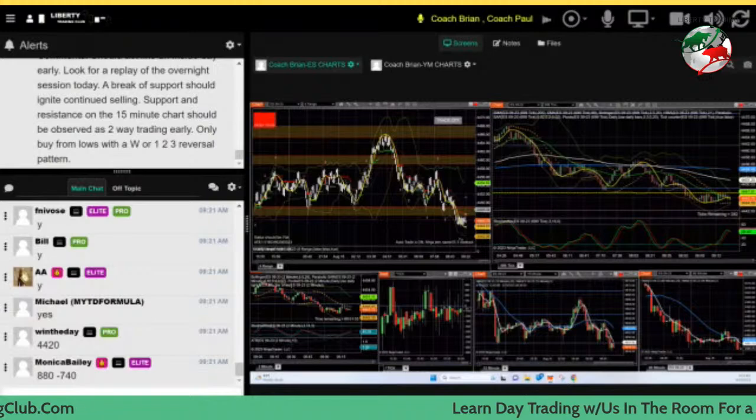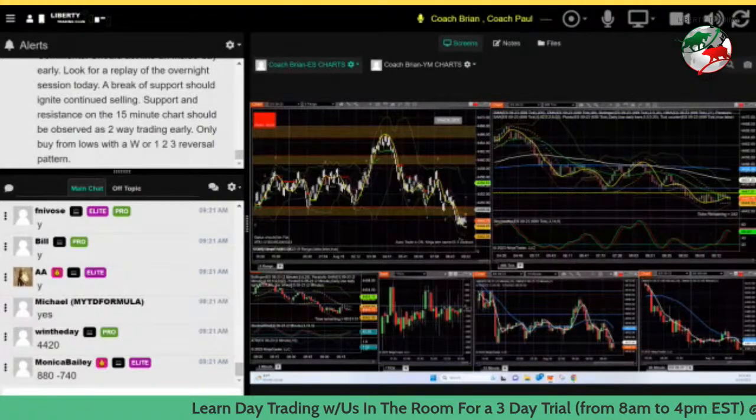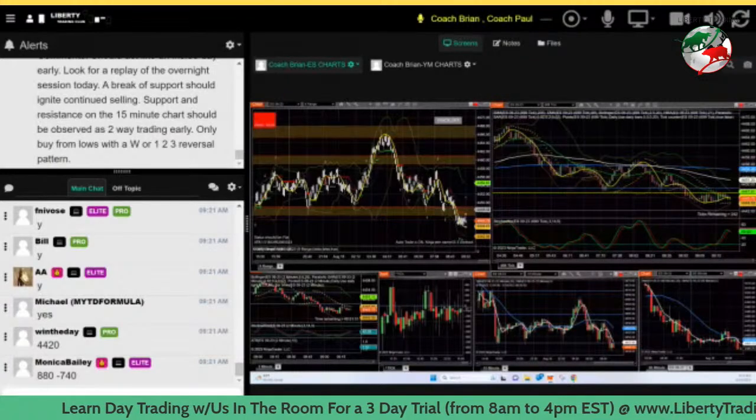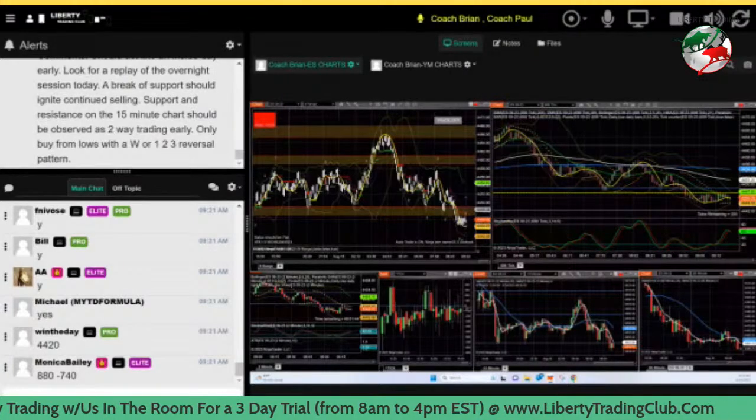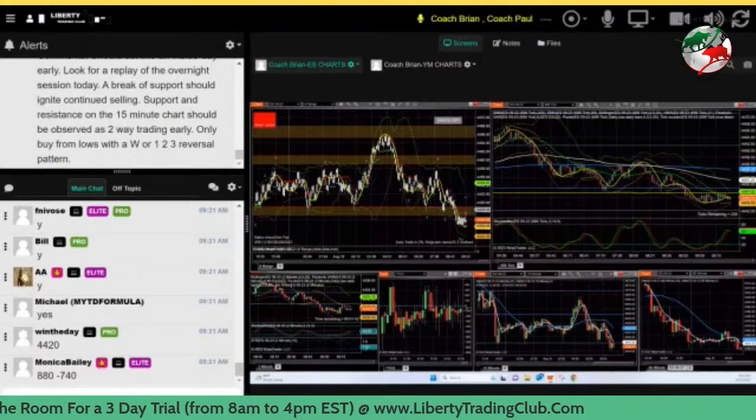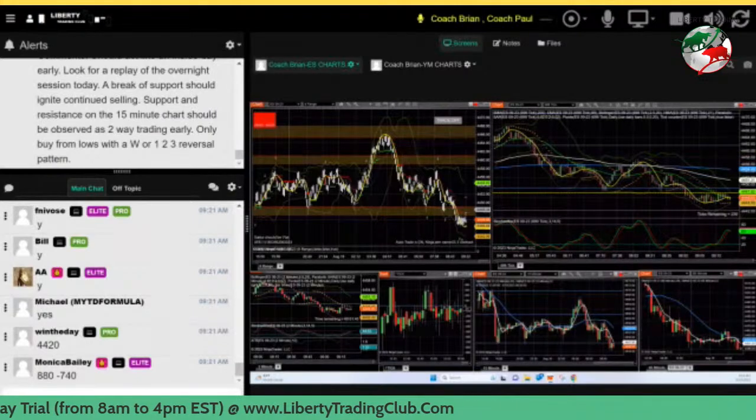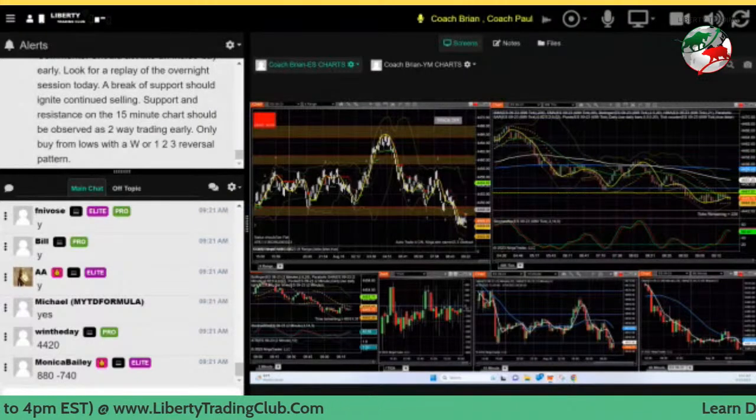That's what happened overnight. A little bit of push down, push back up. A little bit of push down, push up, and then a big swing down. So most likely something similar to that pattern will happen during the daily session.